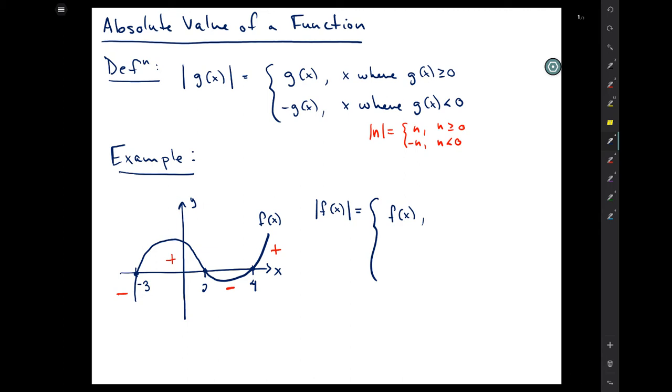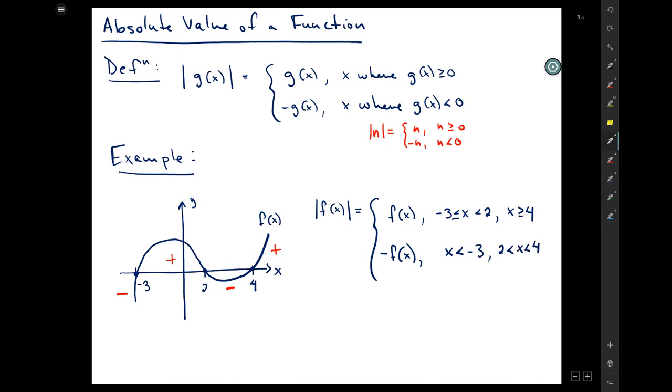And I can see from the picture that this is going to be x between minus 3 and 2, and also x greater than or equal to 4. And I need to multiply f of x by a negative sign whenever x is less than negative 3, or when x is between 2 and 4.